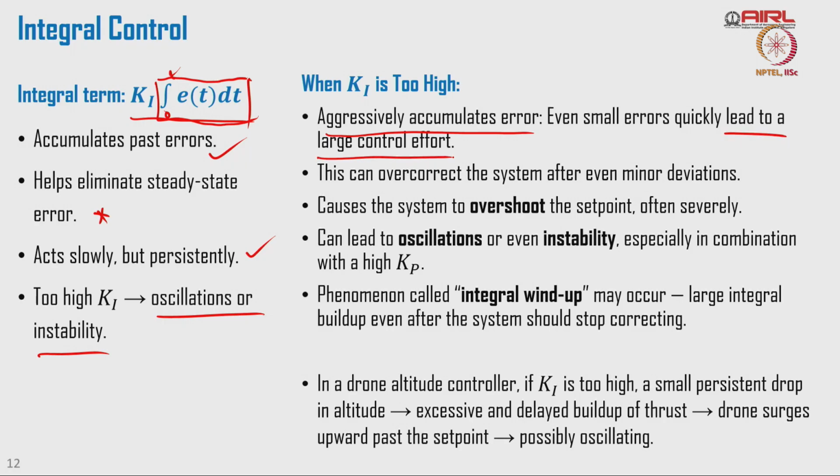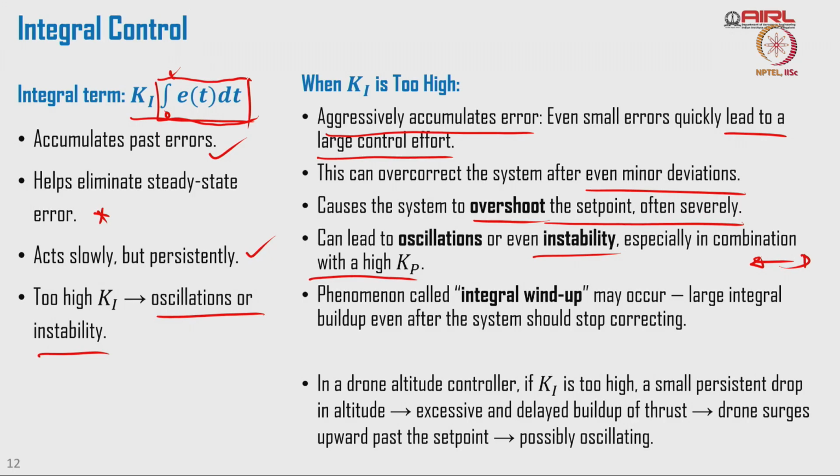This can overcorrect the system after even minor deviations, which is very important, and causes the system to overshoot the set point, often much more severely. It can lead to oscillations or even instability, especially in combination with a high Kp. We will see later that in this particular condition, when we introduce the derivative control, the situation becomes much better.